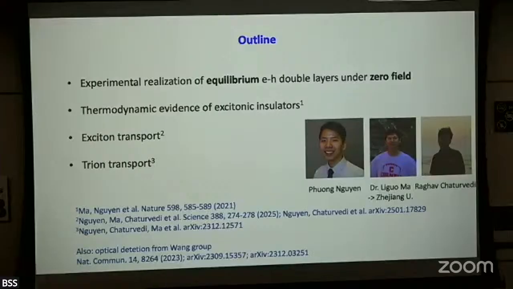Equilibrium state, yeah, thermal equilibrium. No, you don't need to pump. But you can pump once and then let it evolve and reach thermal equilibrium. If it doesn't form an exciton insulator, if they do not recombine, you can... so let me put it this way, maybe you wait a little bit to see what this is.